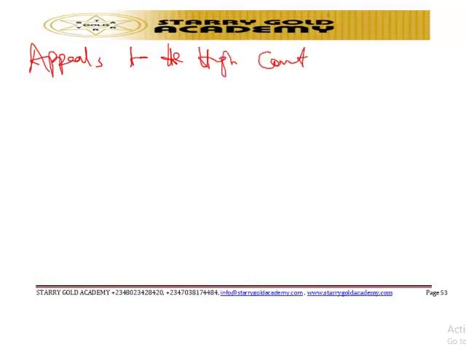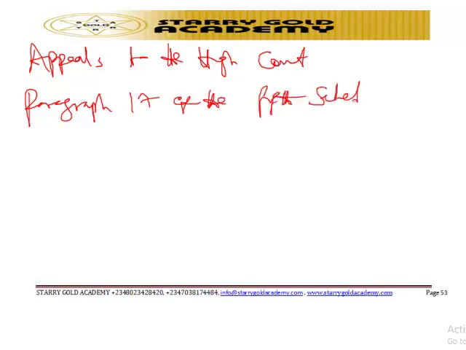So where any of the parties before the tribunal is dissatisfied with the decision of the tribunal, such party may appeal to the High Court, and in line with paragraph 17 of the 5th schedule of the FIRSEA. So appeals lie from the Tax Appeal Tribunal to the Federal High Court and subsequently to the Court of Appeal and the Supreme Court.